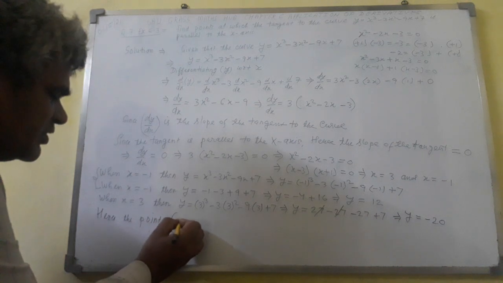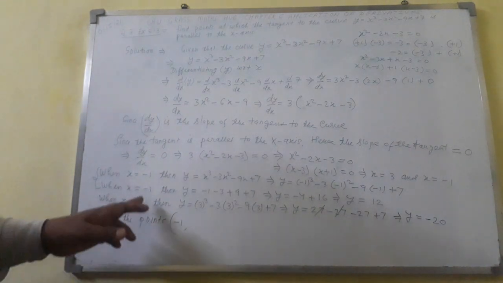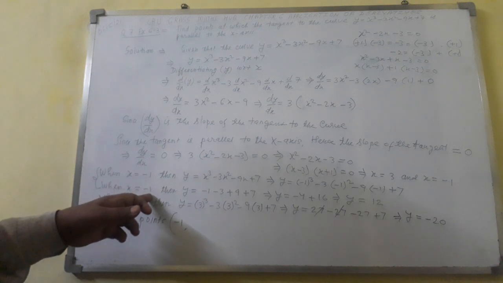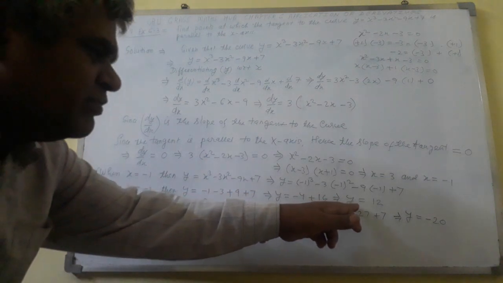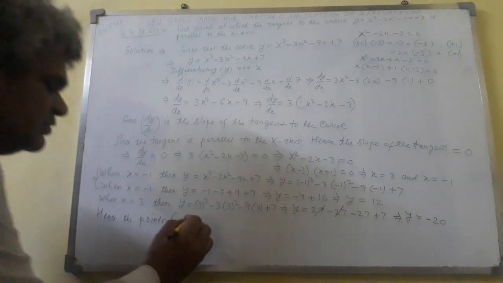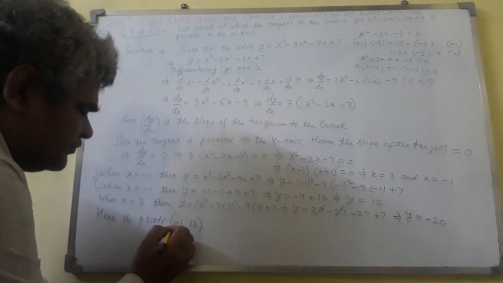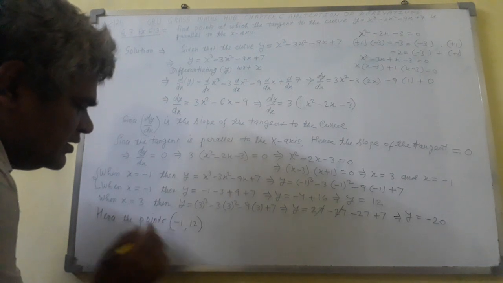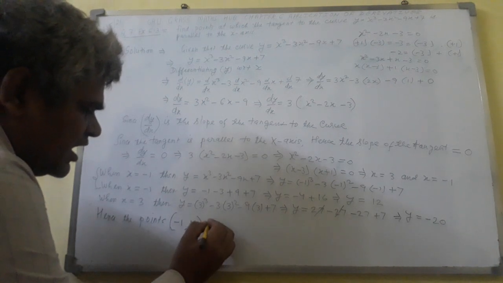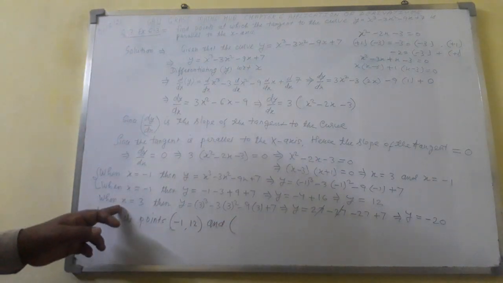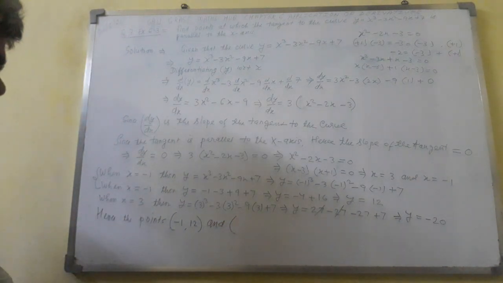So here write minus 1, comma, here with respect to x is equal to minus 1, value of y you have got 12, minus 1, 12 will be 1 point. And x equal to 3, that will be abscissa.